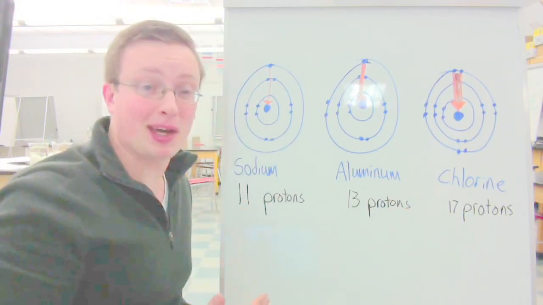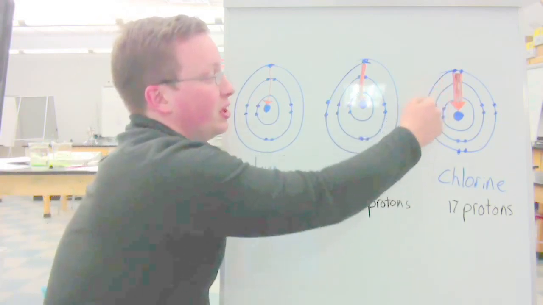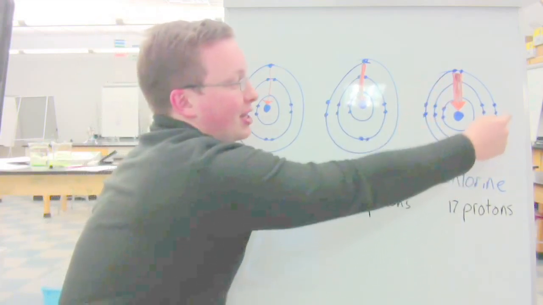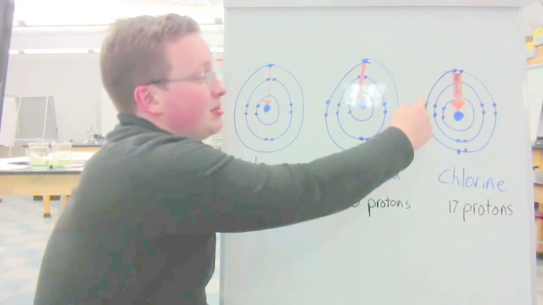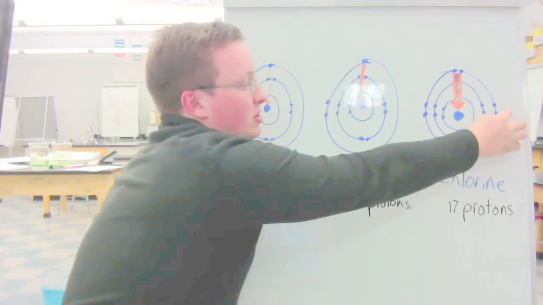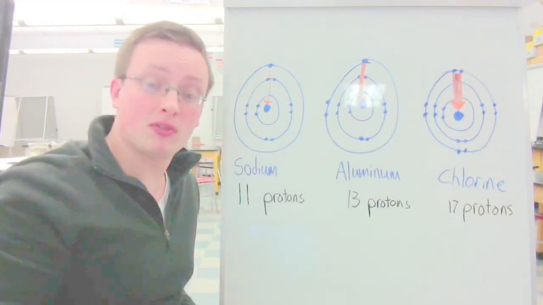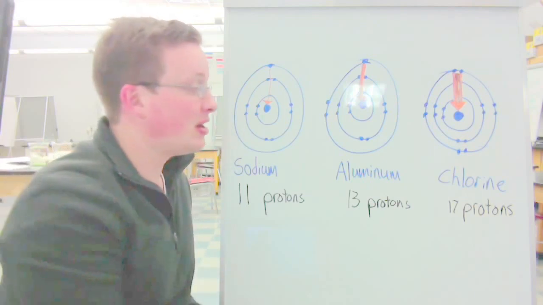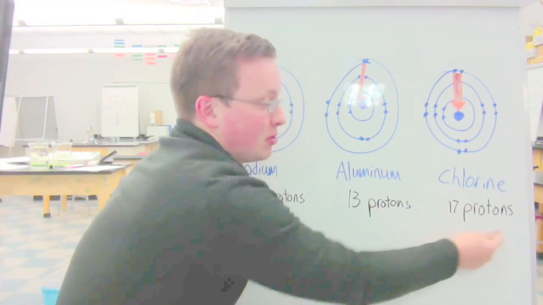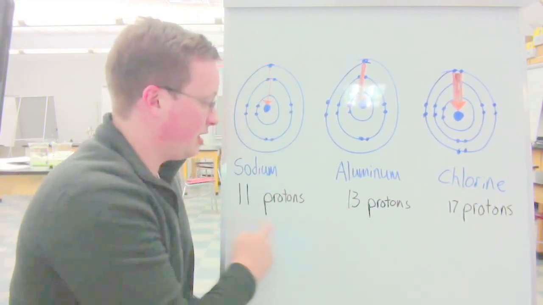You might expect that they would have the same force because chlorine also has more electrons. But remember, it doesn't matter how many electrons are in that ring because all of them experience the same amount of force. Therefore, 17 protons will create a much greater force than 11 protons.